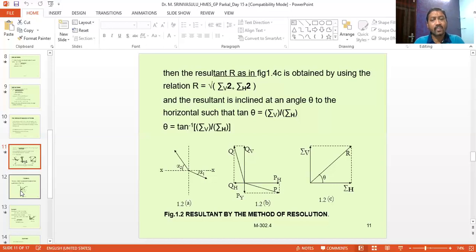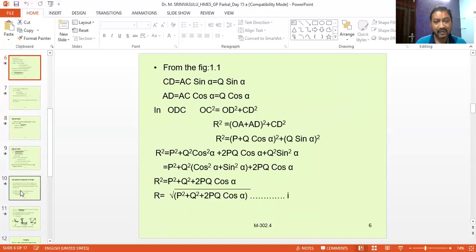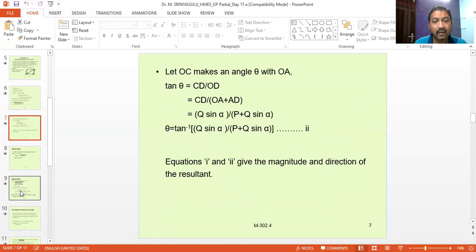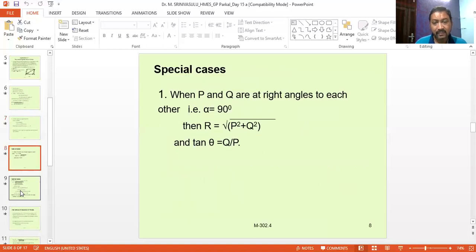So far we have studied the parallelogram law of forces, we have defined the parallelogram law, and we have derived an equation for the resultant force: magnitude is equal to under root of p square plus q square plus 2pq cos alpha, and the direction theta is equal to tan inverse of q sin alpha by p plus q cos alpha. And we also studied some special cases.